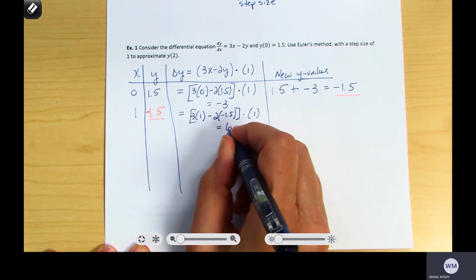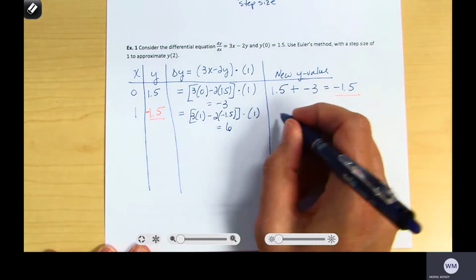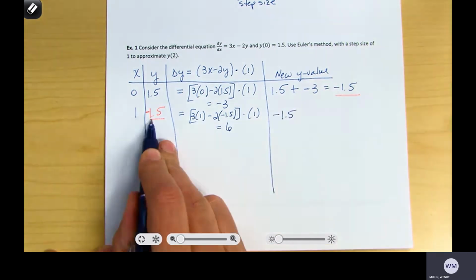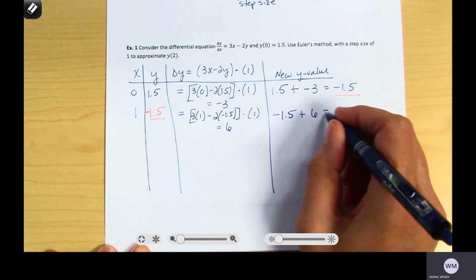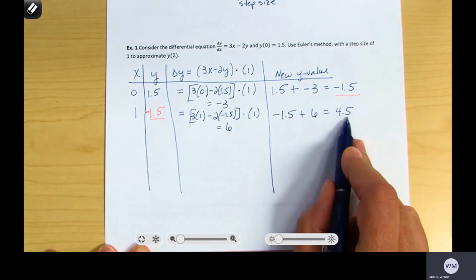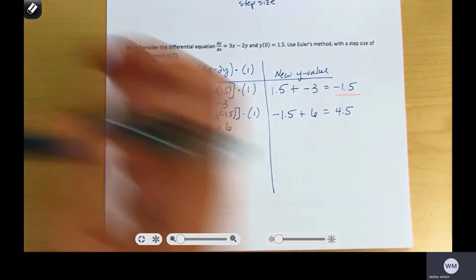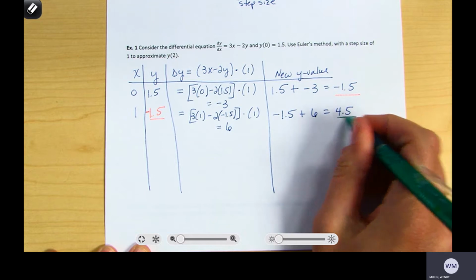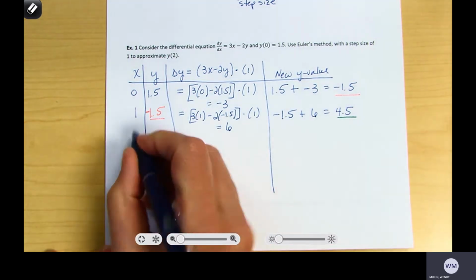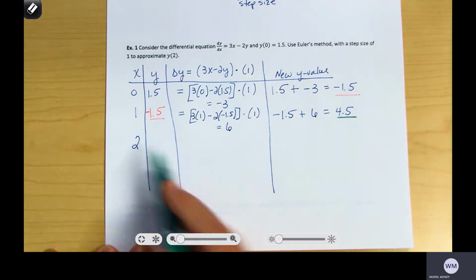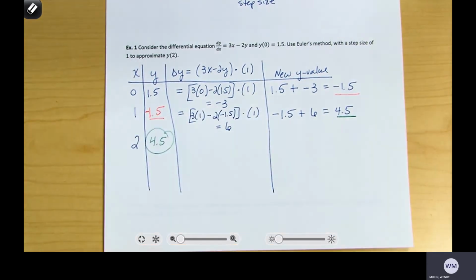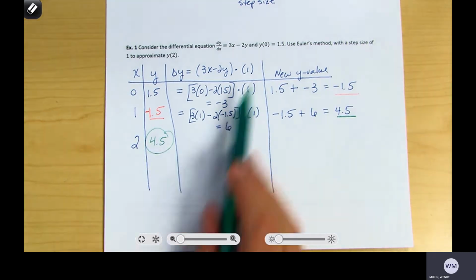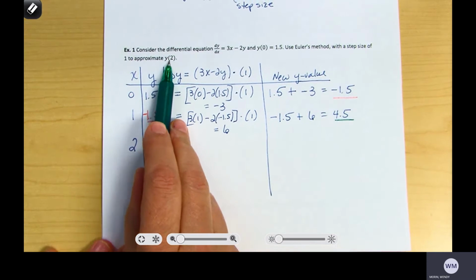So your change in y is 6. So if you started at negative 1.5, and your change is 6, your new y value for your next step is 4.5. So the y value at 2 is 4.5. And that is the approximated answer for y of 2.